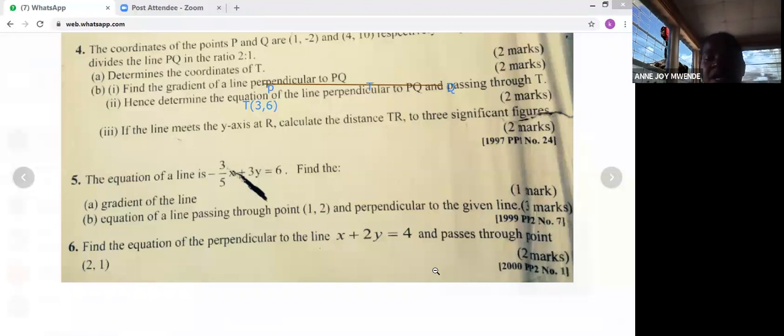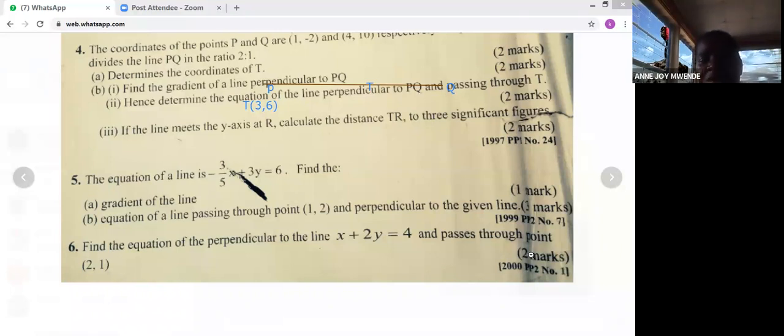Now, because I've explained about the point T, from there you can get the gradient of a line perpendicular to PQ. So what are you supposed to do? You get the gradient of PQ, and then you get the gradient of the line that is perpendicular to this PQ. So let's now participate, because from part B we have discussed, you can do it. So let's work it. Find the gradient of a line perpendicular to PQ.